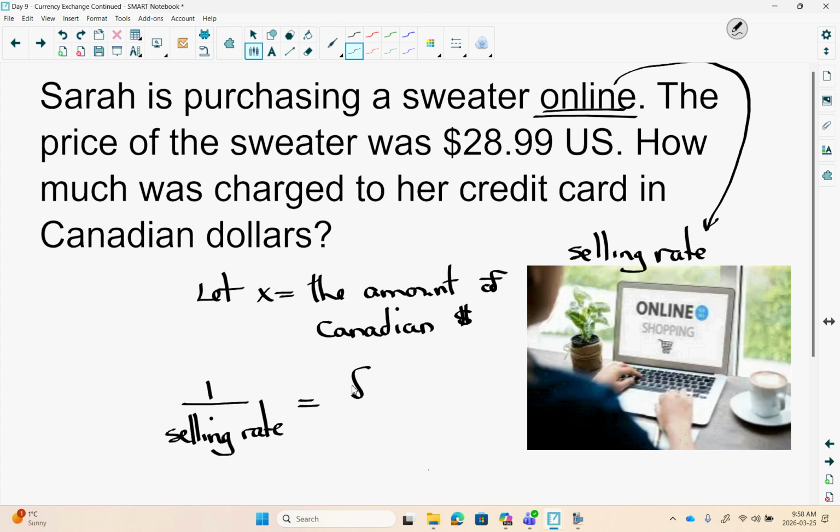And it's going to still equal the foreign amount over the Canadian amount. All right, where do I get this from? Where do I get the selling rate for the United States, US dollars? From what? The sheet I gave you yesterday, figure 1.2.